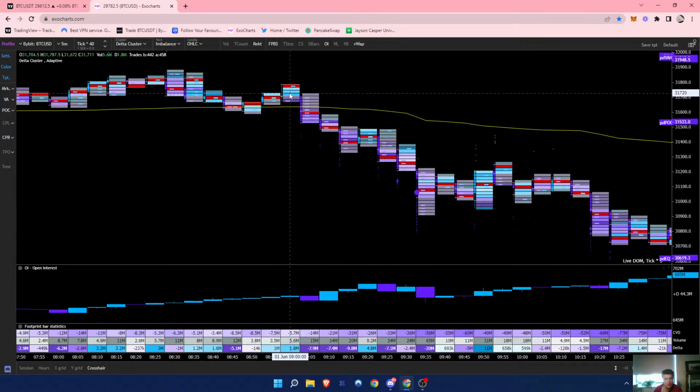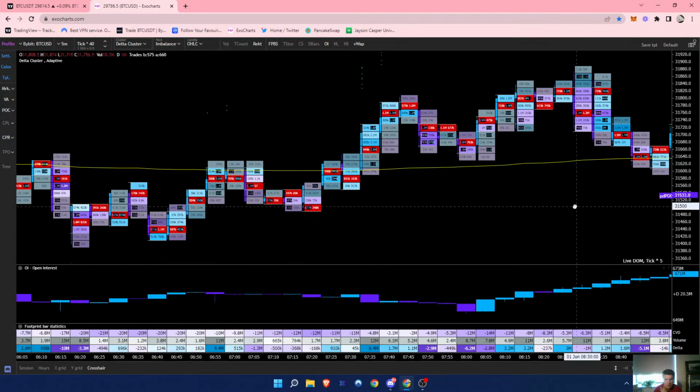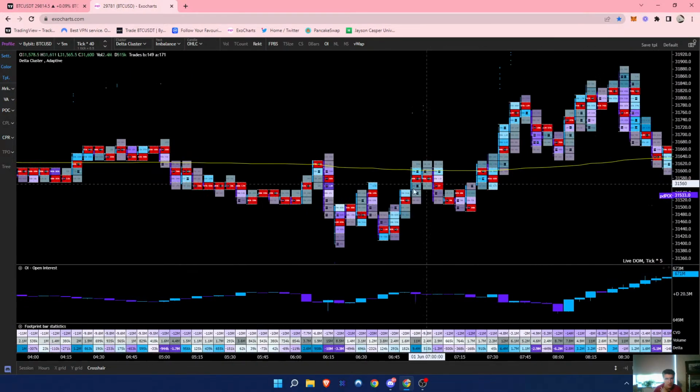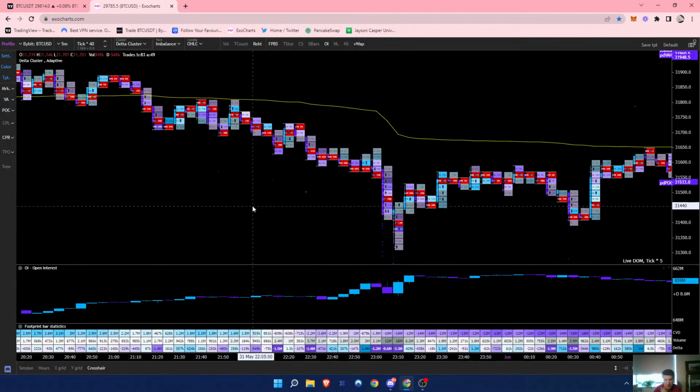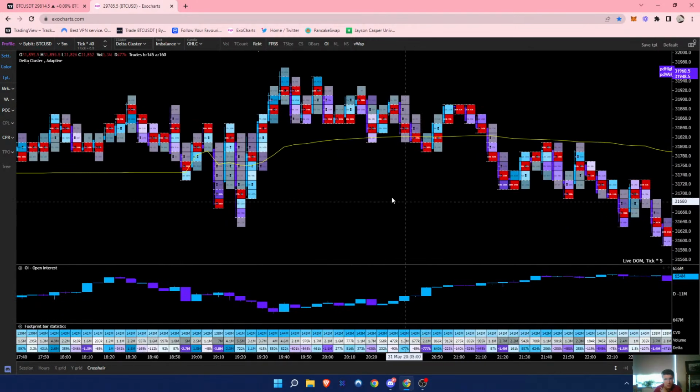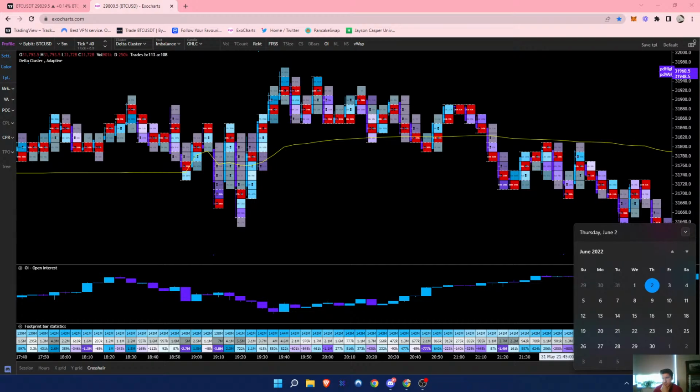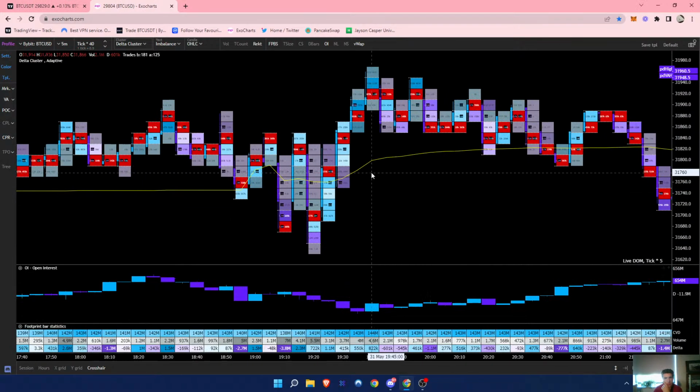Here it was very nice. You could see like the trend starting, so more volume coming in, delta coming in, or negative delta, OI increasing, so very clear downtrend. Of course, it was a non-holiday day. May 31st.